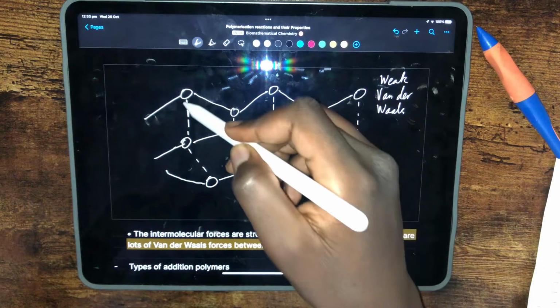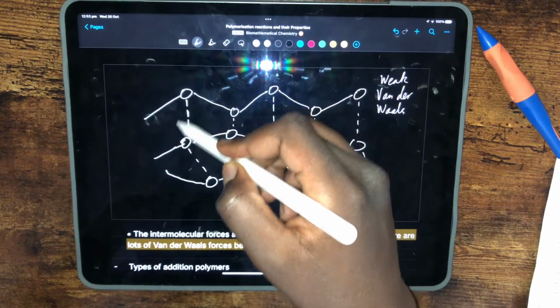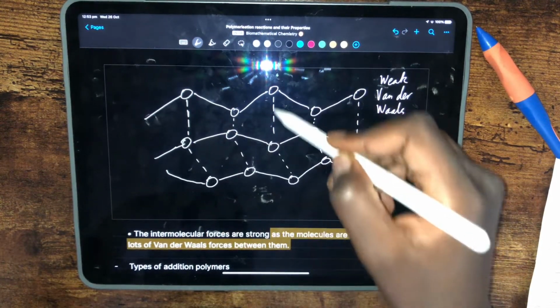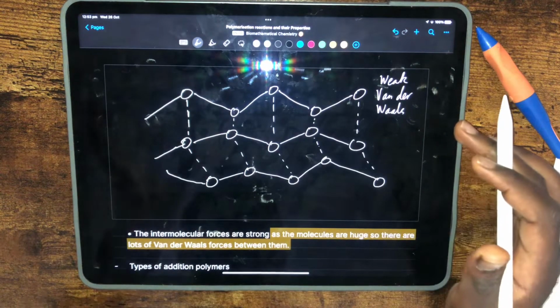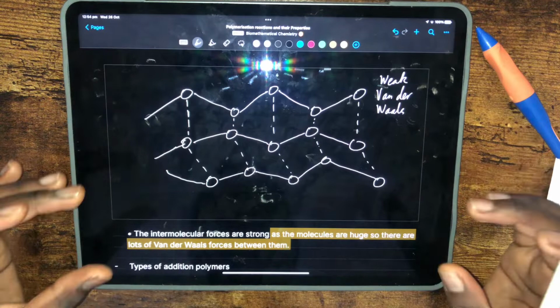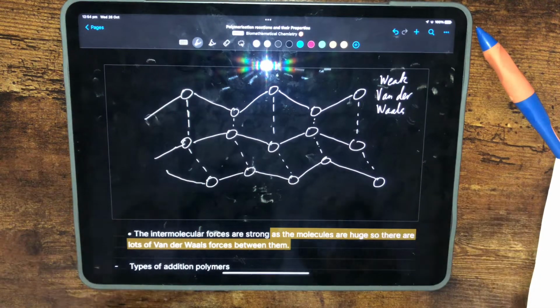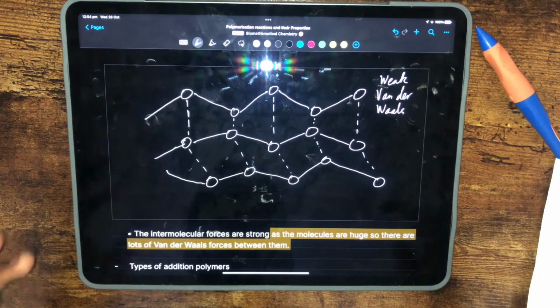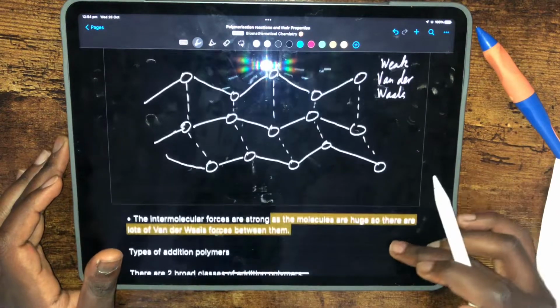So it forms these intermolecular forces quite easily, and the more intermolecular forces you have, the stronger it is, and the more closely they pack to one another. They're not very bendy, not flexible at all, and very rigid.